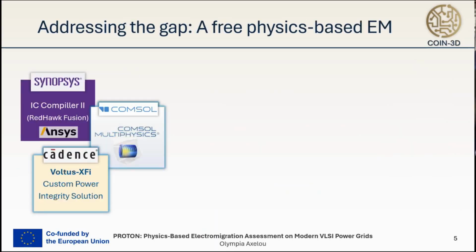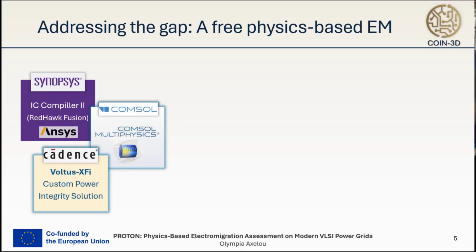In particular, there are various industrial tools that perform electromigration analysis, such as Voltus by Cadence, RedHawk by ANSYS, which is integrated into IC Compiler, and also COMSOL Multiphysics, which is an FEM simulation software package for various physics and engineering applications.